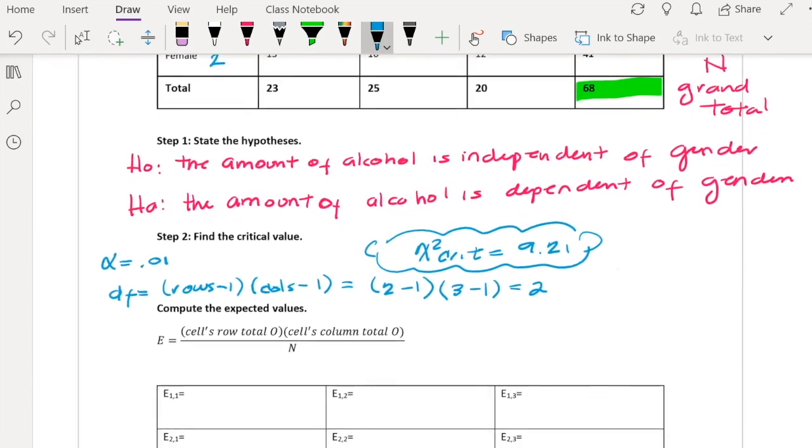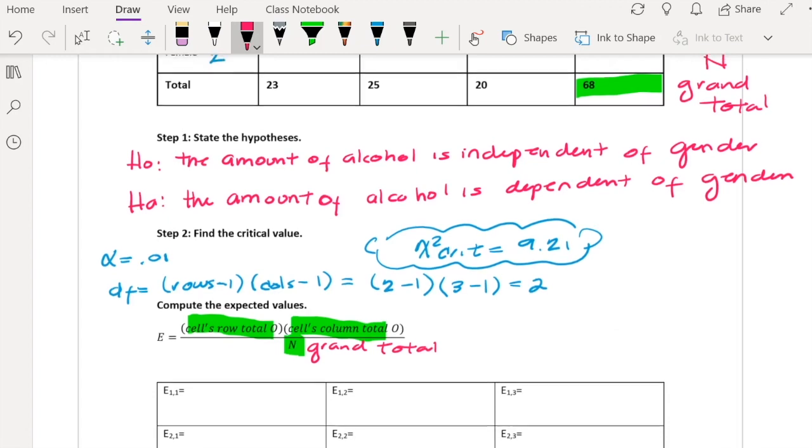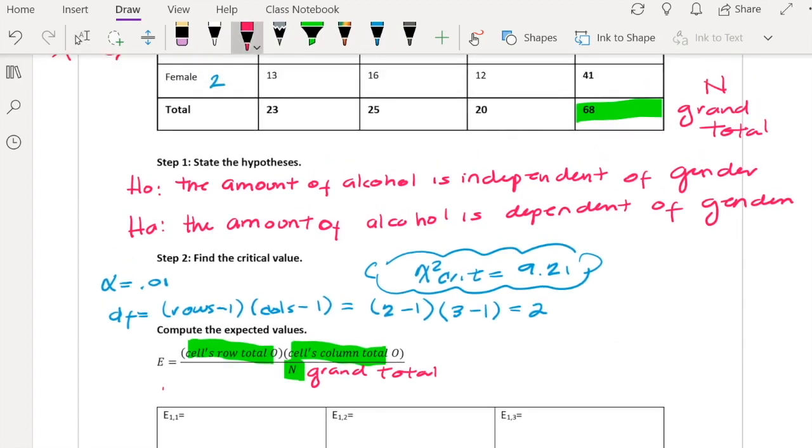Now we need to find, I wish I could make this fit into a single shot, the expected values. So I'm going to use the cell's row total and column total, and then the row total times the column total divided by the grand total. Remember, the expecteds are going to be row, column.